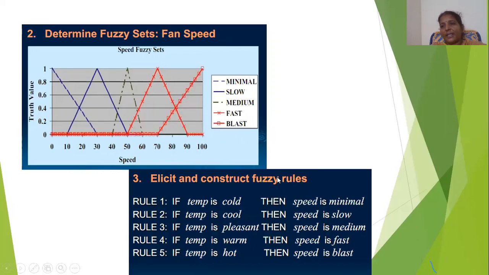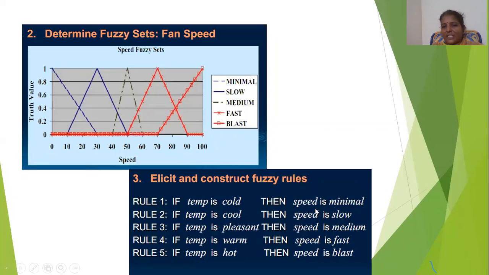So here you have completed two steps. First, specifying the problem and defining your linguistic variables, ambient temperature as well as fan speed, which you have defined using fuzzy sets. Third step is to elicit and construct fuzzy rules. Here, the first fuzzy rule: if the temperature is cold, then speed is minimal.